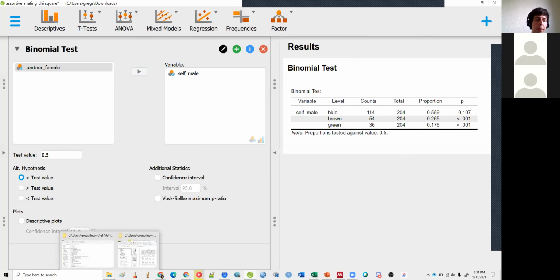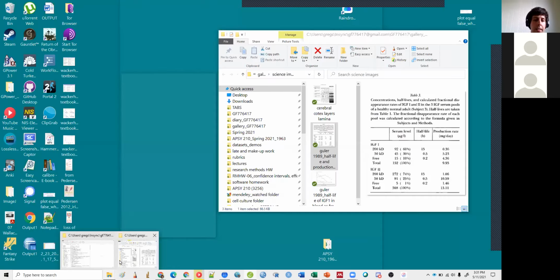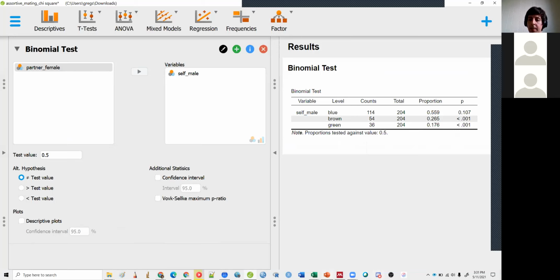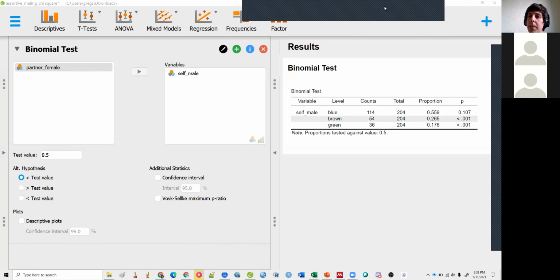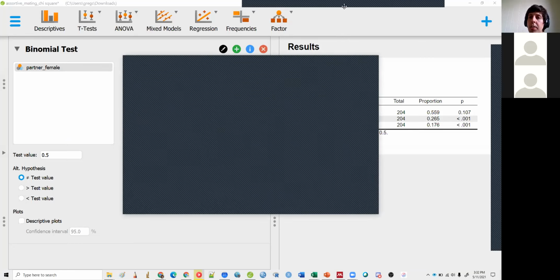So let me open up. Just give me a moment. I'm just going to unshare my screen because I want to make sure that I am showing you the correct thing in JASP. Just a moment, guys. I don't want to give you a tutorial that I mess up at first.